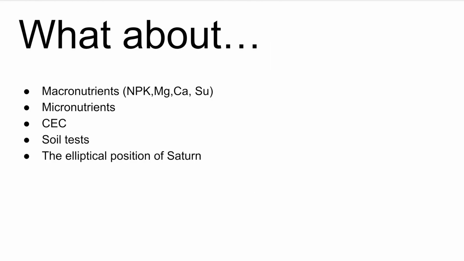Conclusion and summary. So what about macronutrients like NPK? What about micronutrients, cation exchange capacity, soil tests, and the elliptical position of Saturn? I'm not saying to completely ignore these things altogether, or maybe I am. Many people like to radically overcomplicate things, and I hope I haven't done that here.